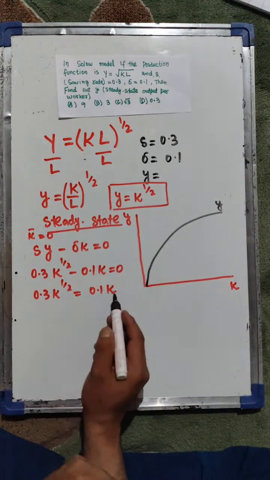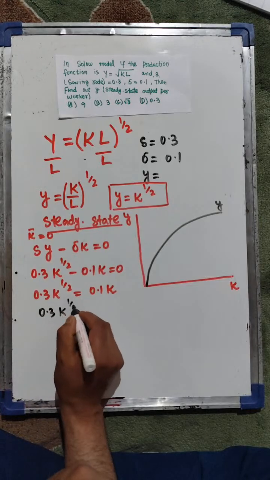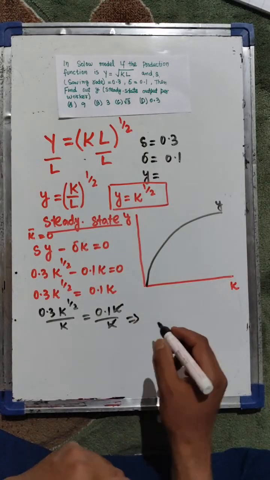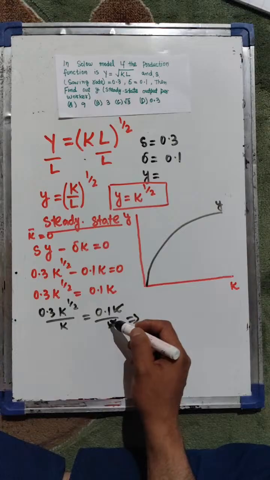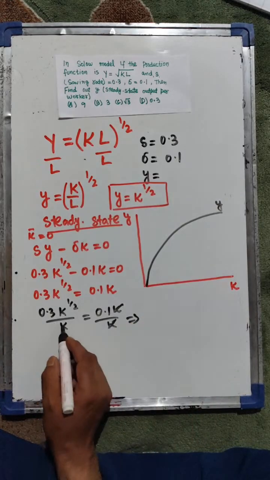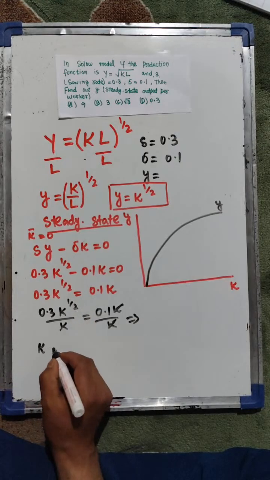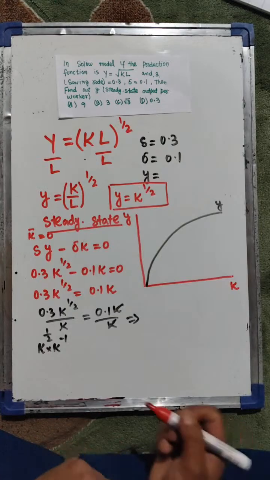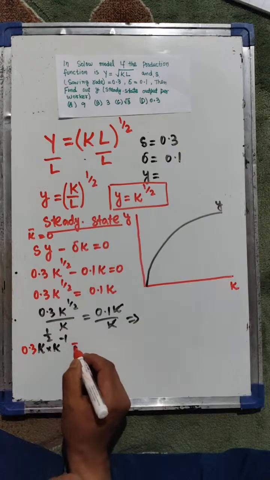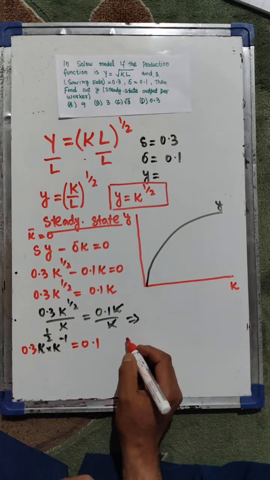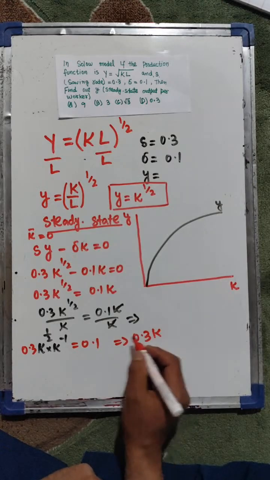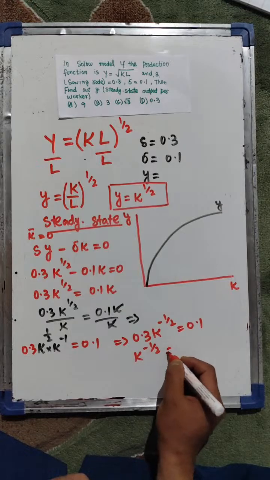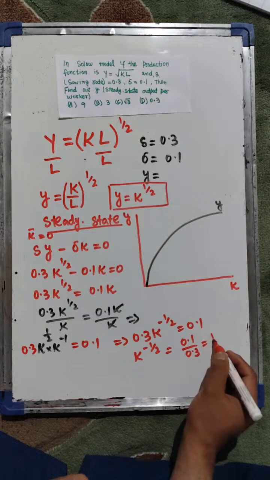Dividing both sides by k, k gets cancelled on the right, and on the left k raised power 1 upon 2 divided by k gives k raised power minus 1 upon 2, with the exponent sign changing. So k raised power minus 1 upon 2 is equal to 0.1 divided by 0.3, which is equal to 1 upon 3.